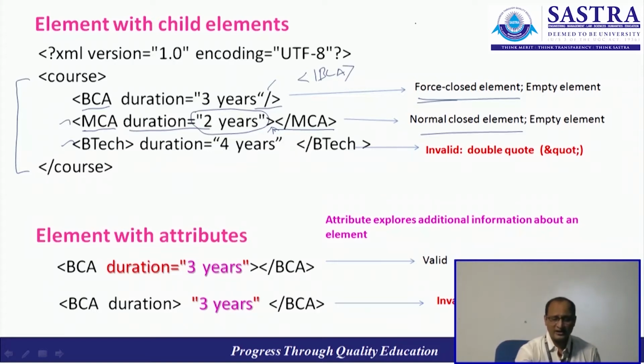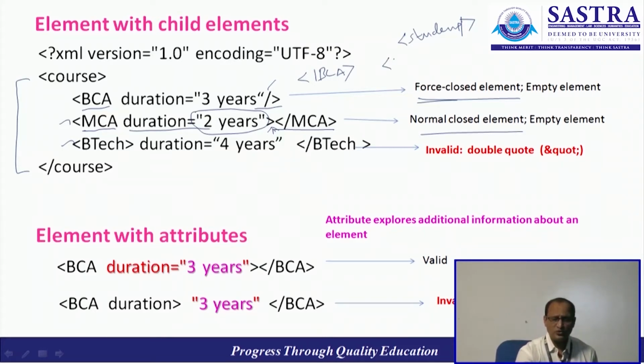So I can write the student element that does not carry any child element or any text. It is only for hidden. In the sense, you can just make it a force close.